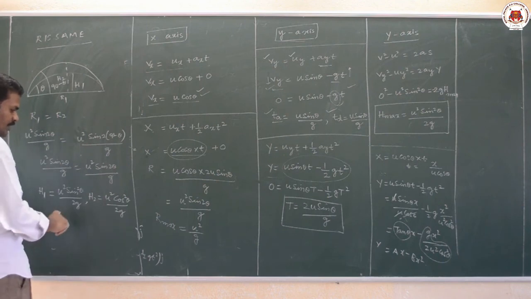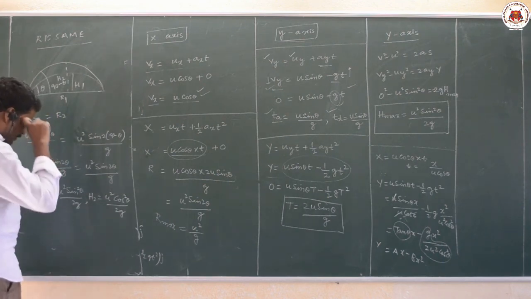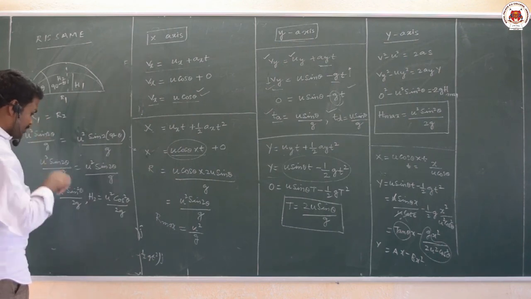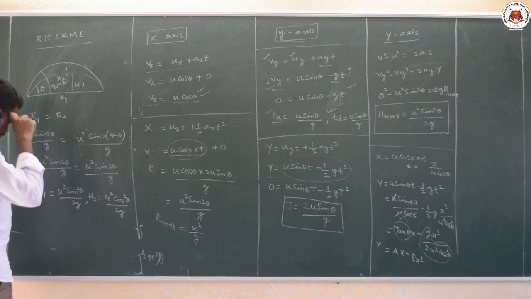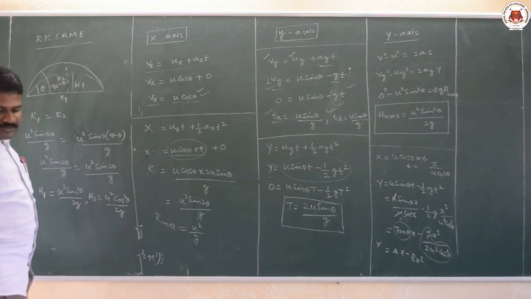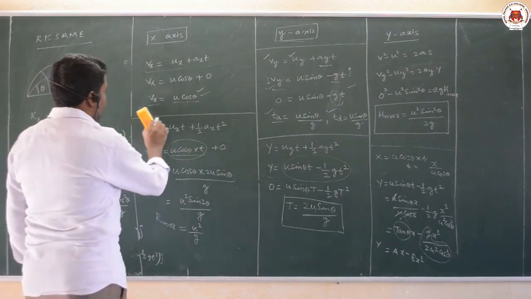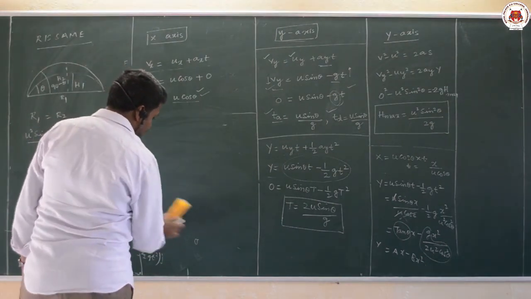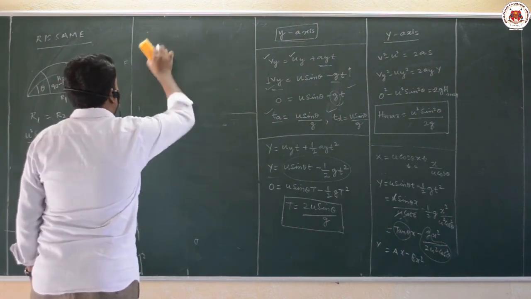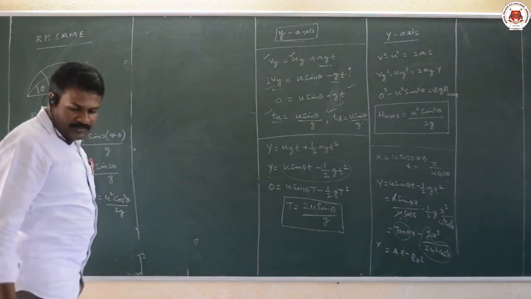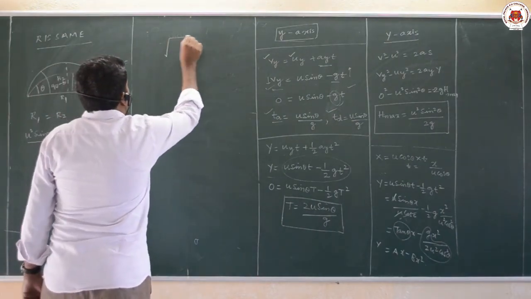If you add these two, you will get u square by 2g, because sin square theta and cos square theta you can take common. Now if you take 4 root of h1 h2, you will get the range. Multiply h1 and h2 and take the root of h1 h2.